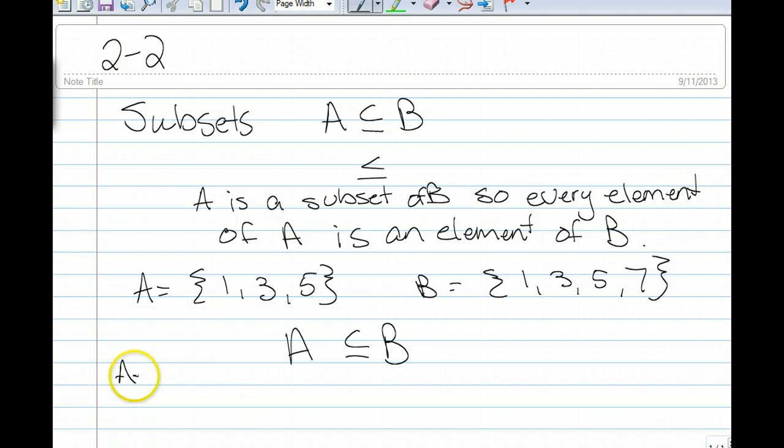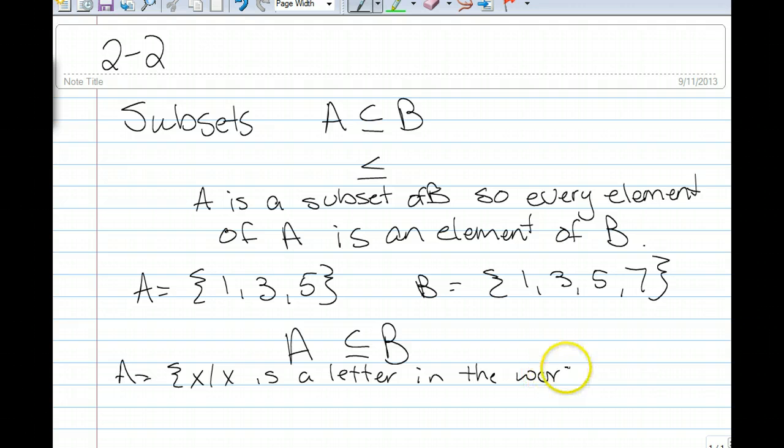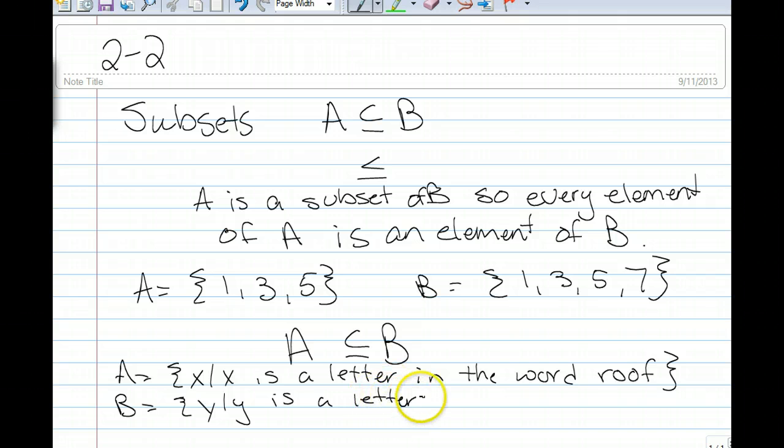How about this one? A is the set of X such that X is a letter in the word roof. And B is the set of Y such that Y is a letter in the word proof.